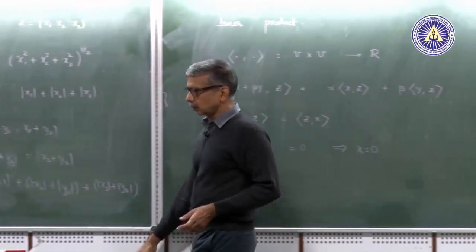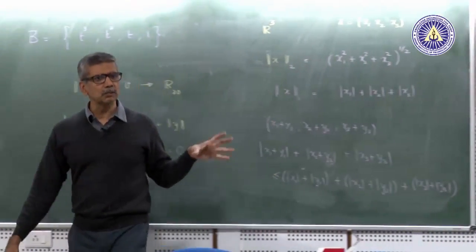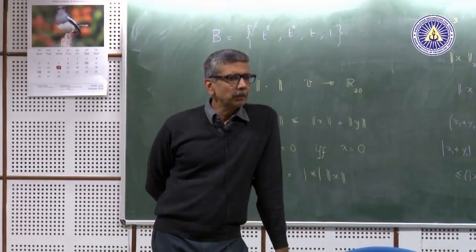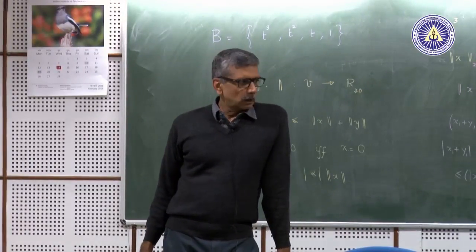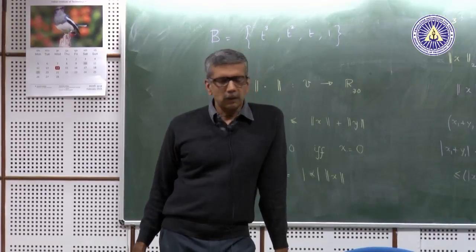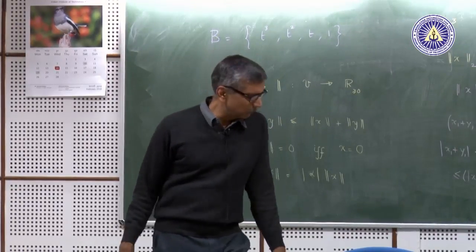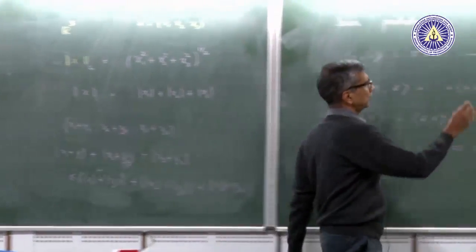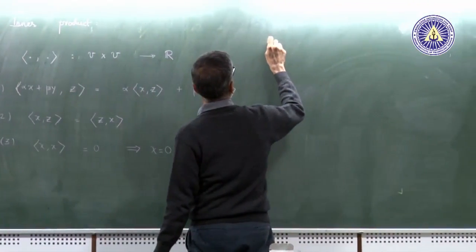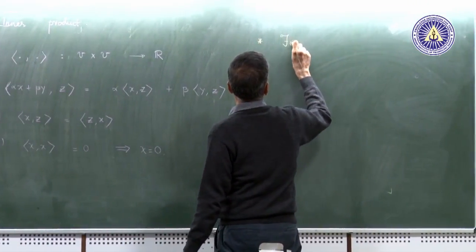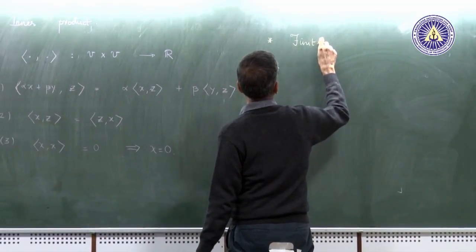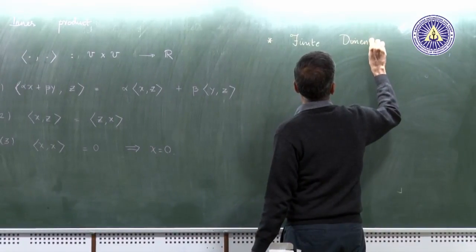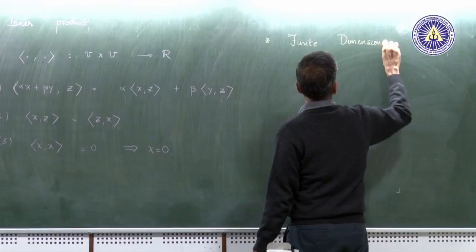So I think I have tried to cover the essence of what vector spaces are. If you wish to look up more issues or more topics in this, please refer to some of these books. This one has a more formal treatment of finite dimensional vector spaces.